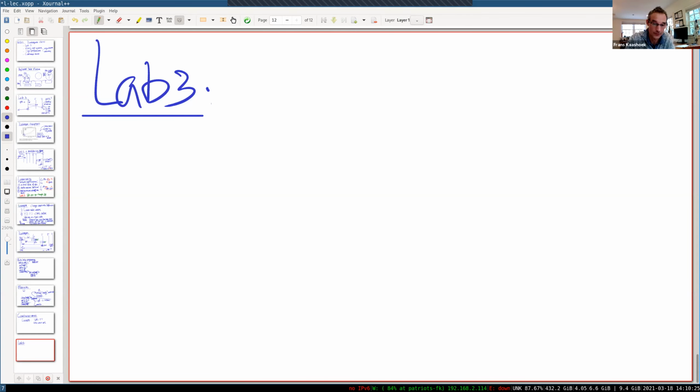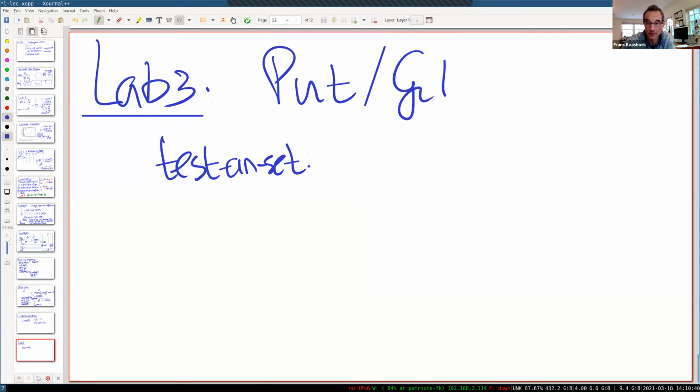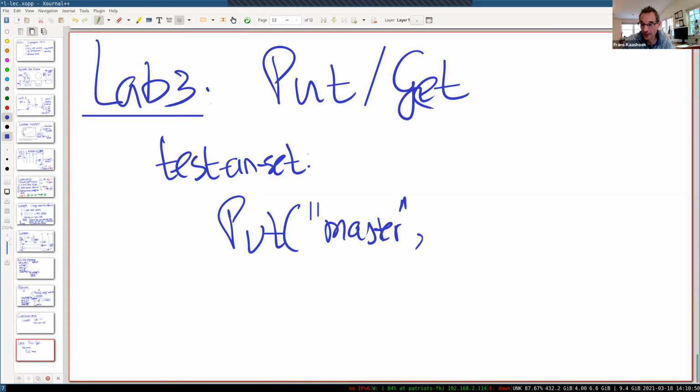In lab 3, we only have put and get operations, right? There are no other operations. So how might you write this? Maybe we do a put to a key, let's say master, and we put my IP address in it, the IP address of the caller.